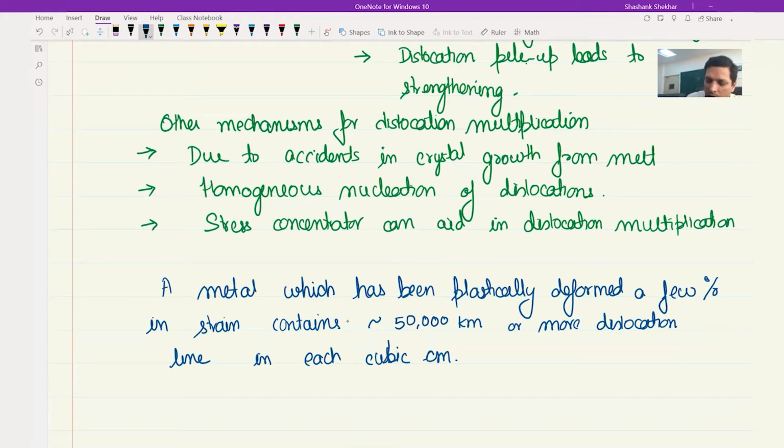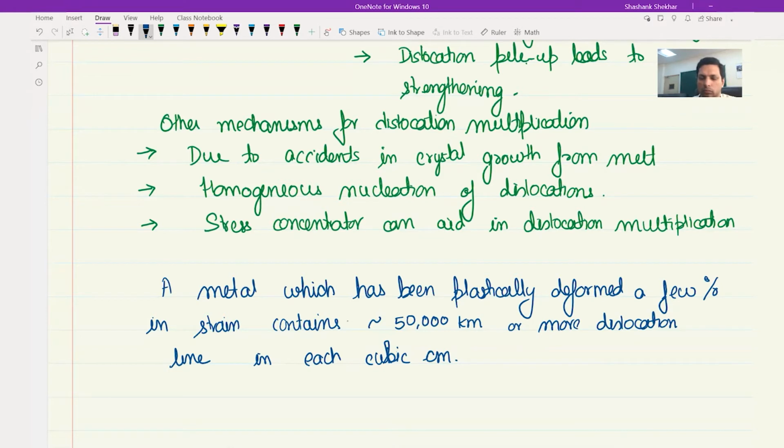So that is the effect of dislocation multiplication when you are doing the deformation. You can imagine the effect that it will have on dislocation density and hence the strength of the material.